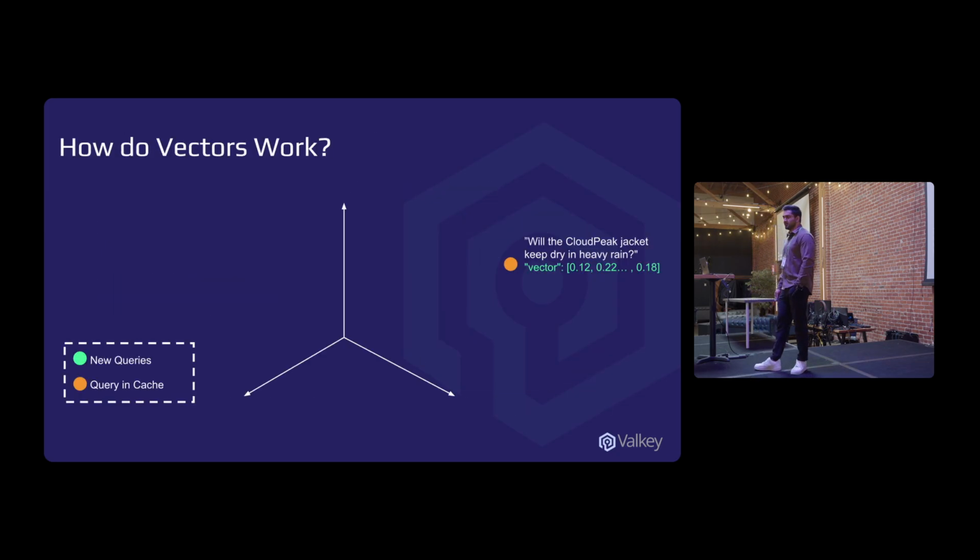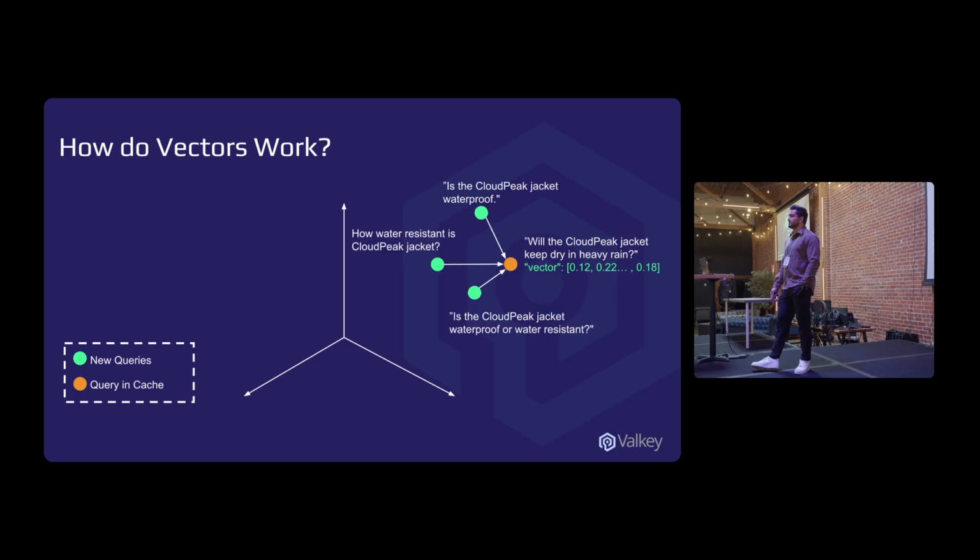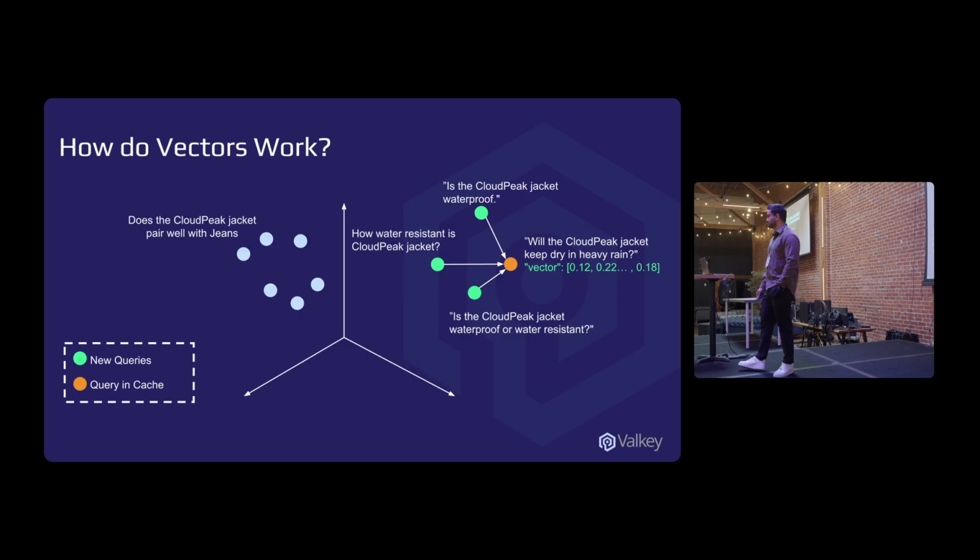This is where vectors can help. Vectors are a series of numbers that capture the meaning and the intent of your text and place text with similar meaning closer together in a higher dimensional space. So in our example, all these queries about the Cloudpeak jacket and how it holds up in water are closer together than, say, how to pair the jacket with jeans, fashion advice, or shipping policies of the company.